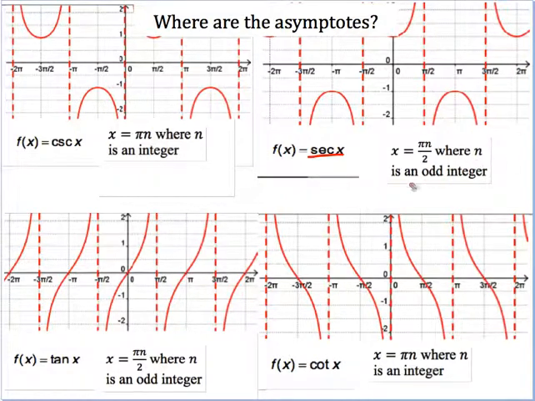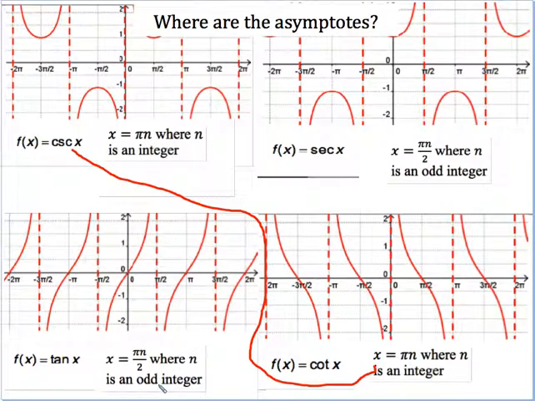One thing that you might find interesting is that cotangent and cosecant have the same formulas for your asymptotes, and tangent and secant have the same formulas for your asymptotes.